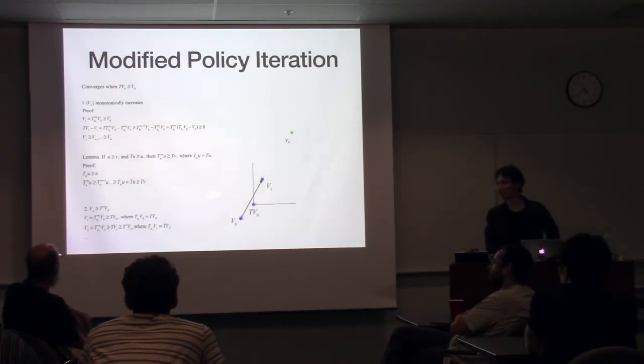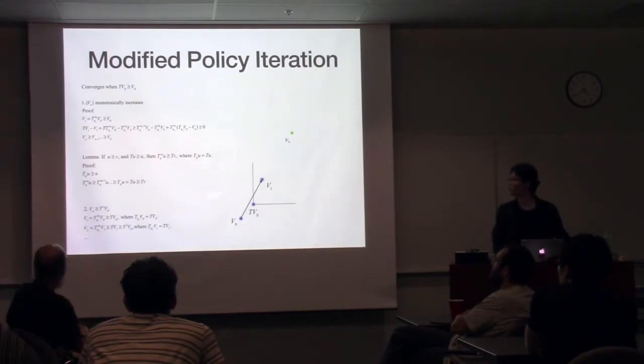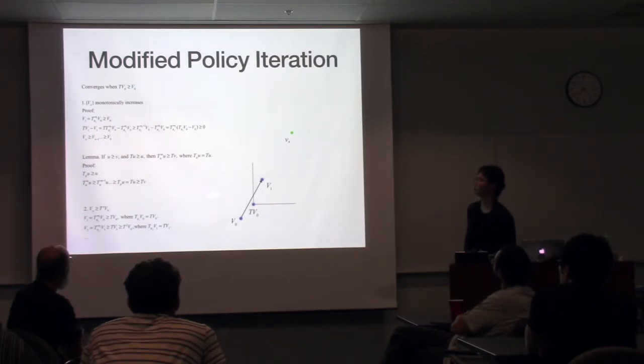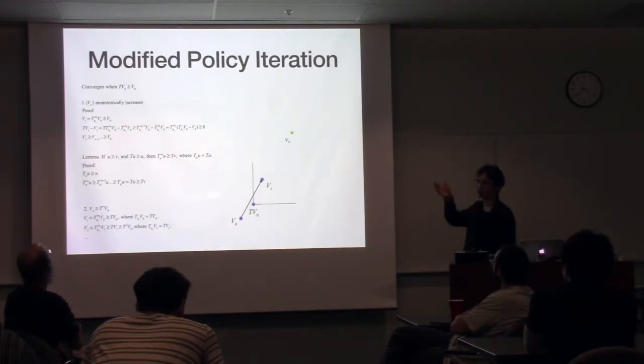Rich? Could you say some more about this extra condition at the top there? I thought if that's the original T, that it would always be true. If it's the original T? Yeah. When you initialize your V0, you can't make sure that this is true, right? Because V0 can be anything.